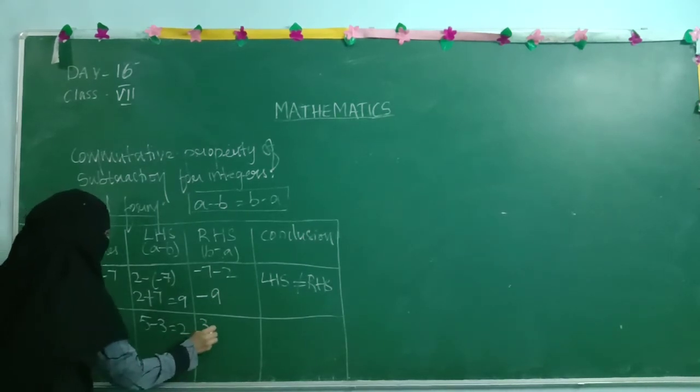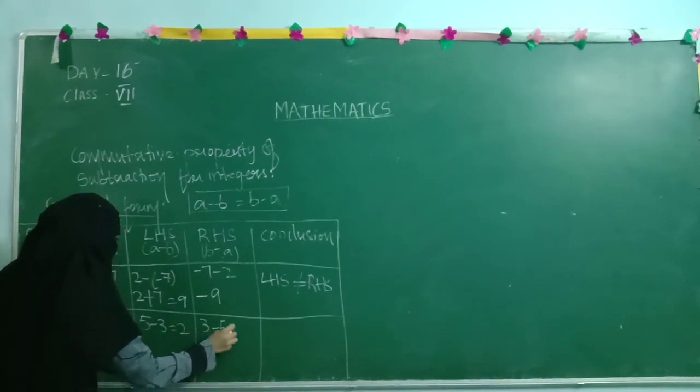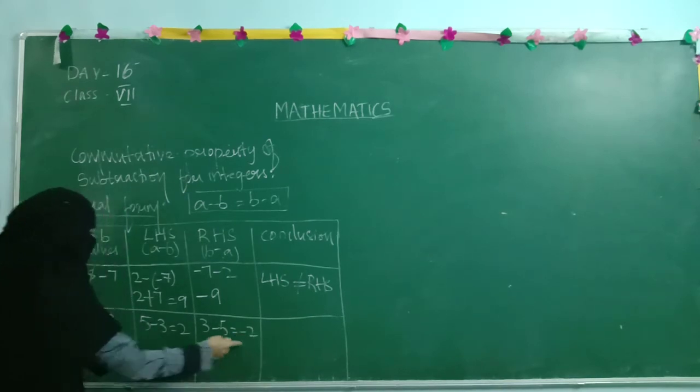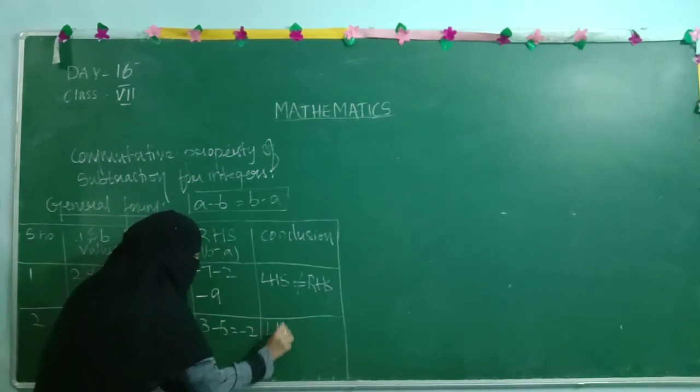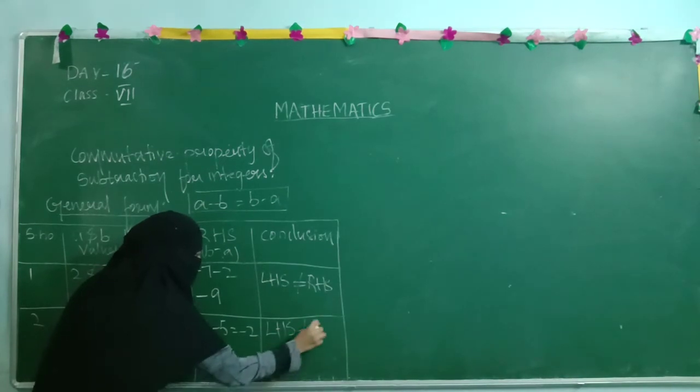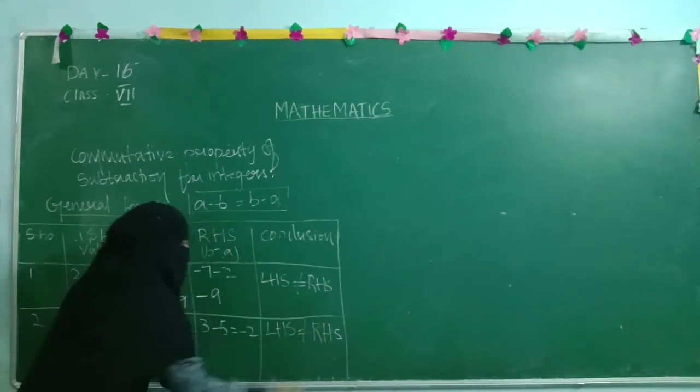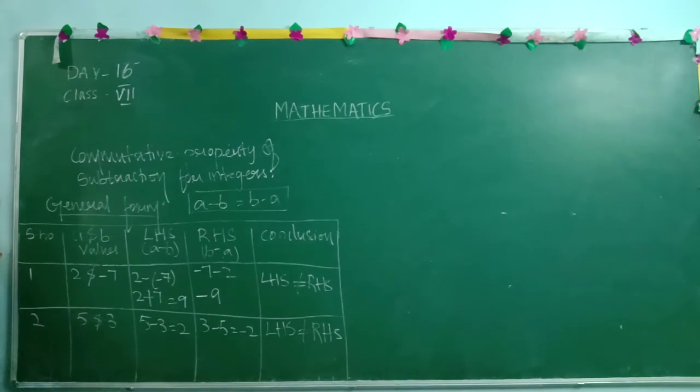B is 3, so 3 minus 5 is equal to minus 2. Both numbers are the same but with opposite signs. LHS does not equal RHS. Fine, this is the table we have observed. Only 2 numbers I have taken. You can try many other numbers at home.